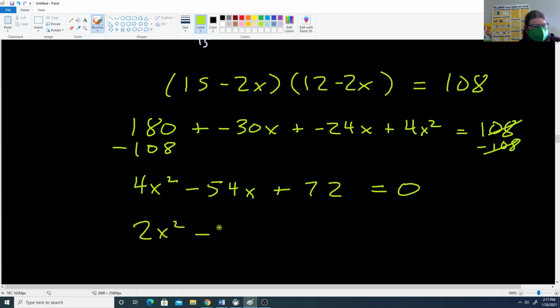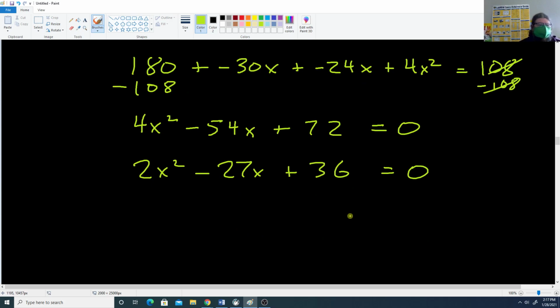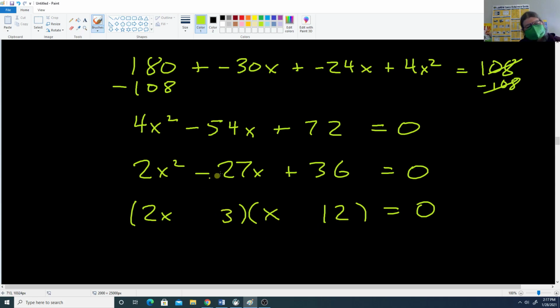So 2x squared minus 27x plus 36 is 0. Let's see. This factors as a 2x. If 2x meets up with the 12, that makes a 24. And then the 3x added to the 24x will make a 27x. So we get that this factors like that.